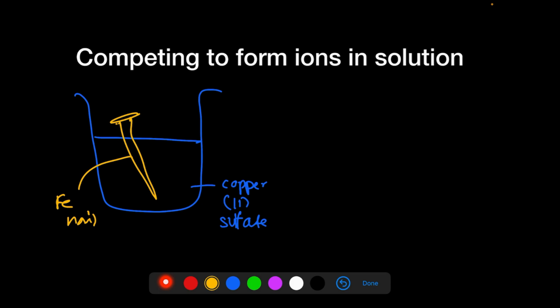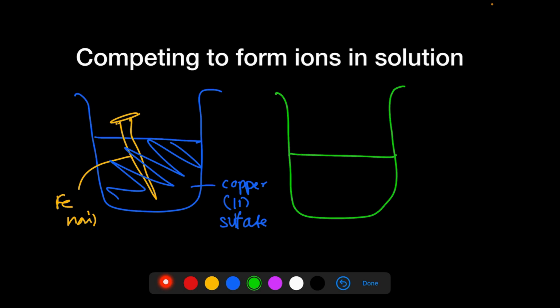So do you think that copper will be displaced from copper 2 sulfate by iron? Yes, it will be. So what will happen here is that this blue solution will now become pale green. And on the iron nail, there is a coating of copper.